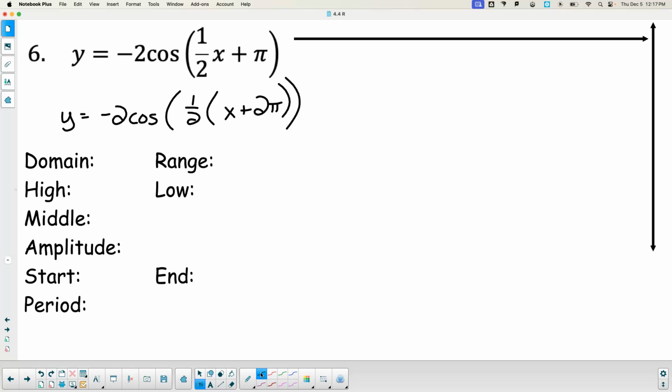Domain? All real numbers. Middle's at 0. Amplitude: 2. So we go up to 2, down to -2.